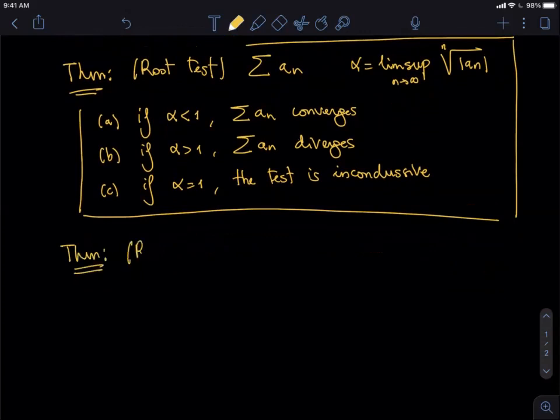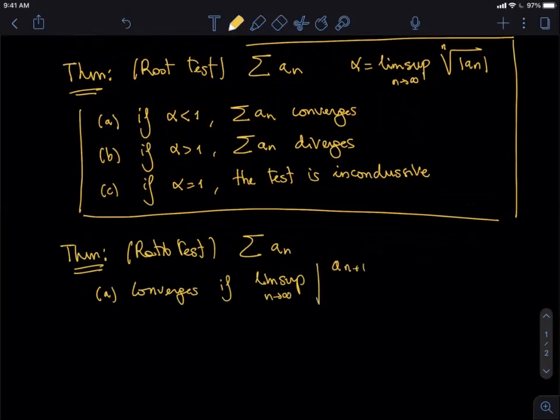Okay, and we have, similarly, the ratio test, which is also for series. And in this case, what we are going to look at is the ratio of two consecutive terms. So the series converges if the lim sup of the quotient between an plus 1 and an in absolute value is less than 1, okay?